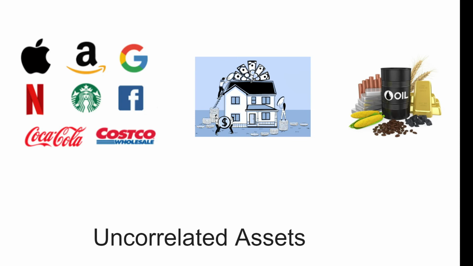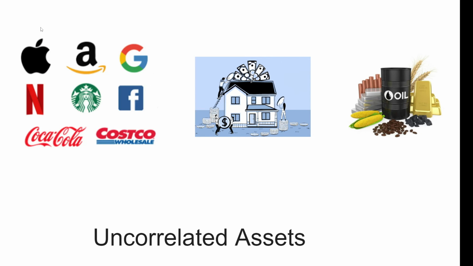That means sometimes they are not related to each other. For example, one typical example is stock market versus real estate, right? They have very low or negative correlation, I would say.